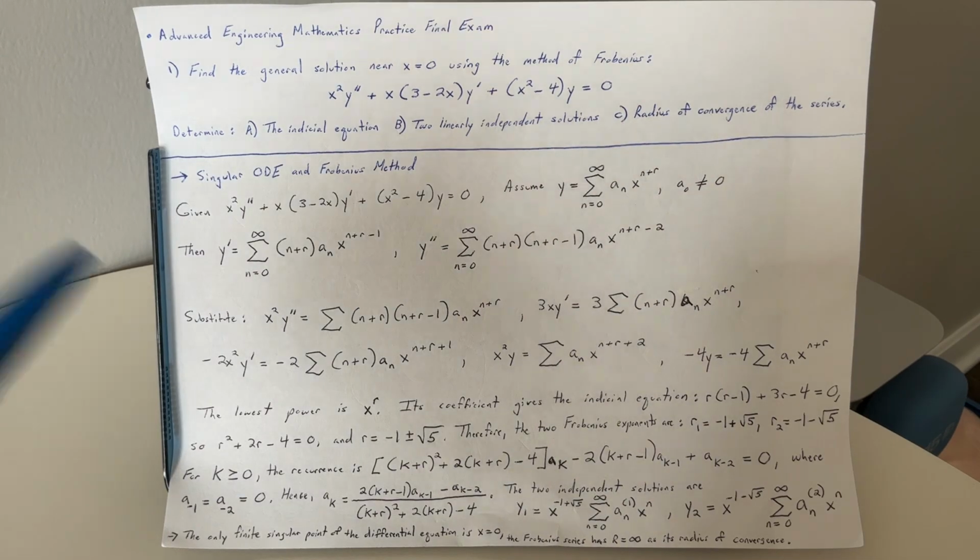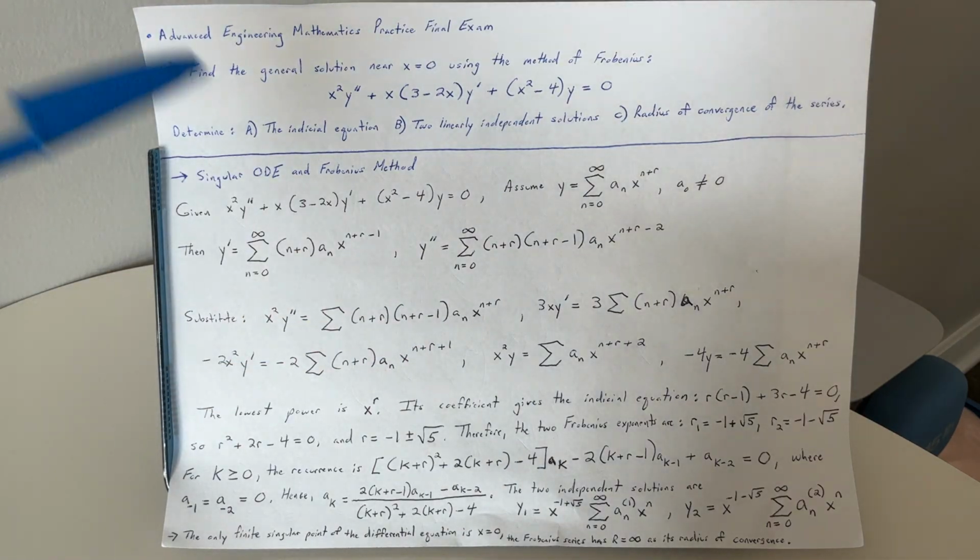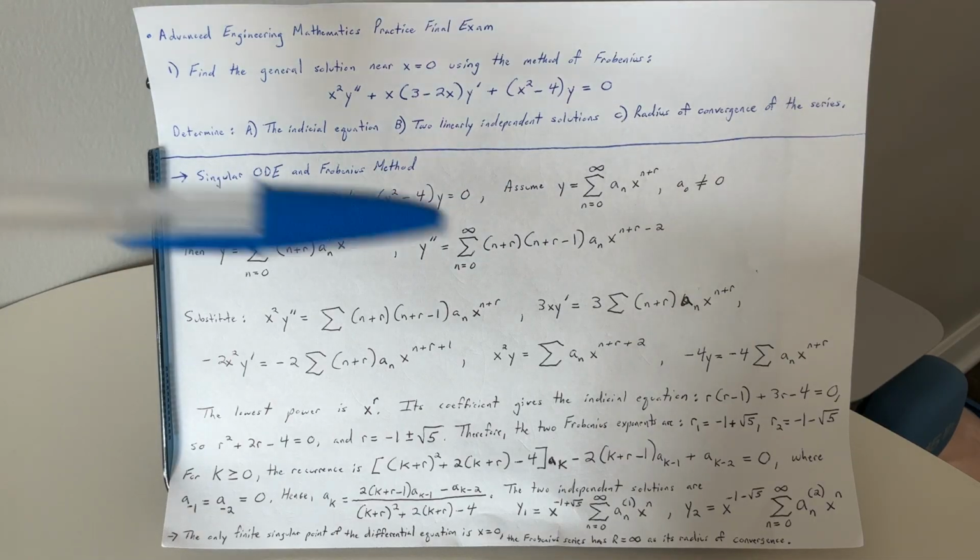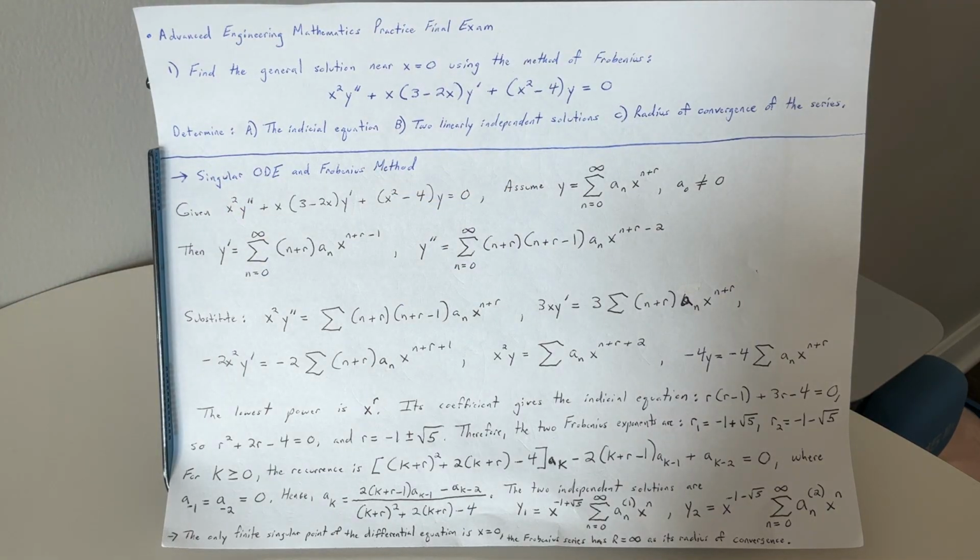So from there what we could do is substitute. x squared y double prime equals that sum, n plus r times the quantity n plus r minus 1, a sub n x to the n plus r. And then 3x y prime equals 3 times that sum, n equals 0 to infinity, n plus r times a sub n x to the n plus r.